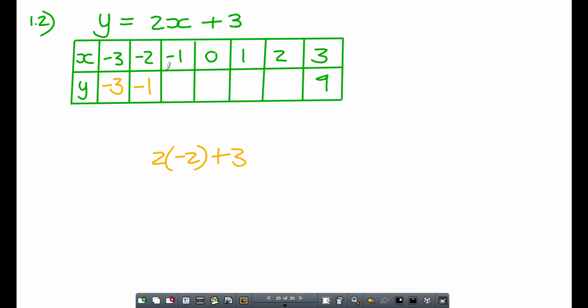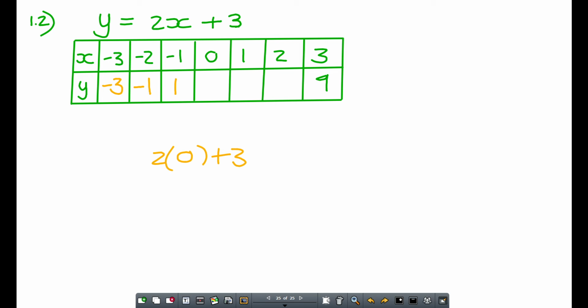If x is minus 1, it would have looked like this. 2 times negative 1, which gives me minus 2, plus 3, so it gives me positive 1. Okay, if x was 0, it would have looked like this. 2 times 0, which gives me nothing, plus 3, so 3.